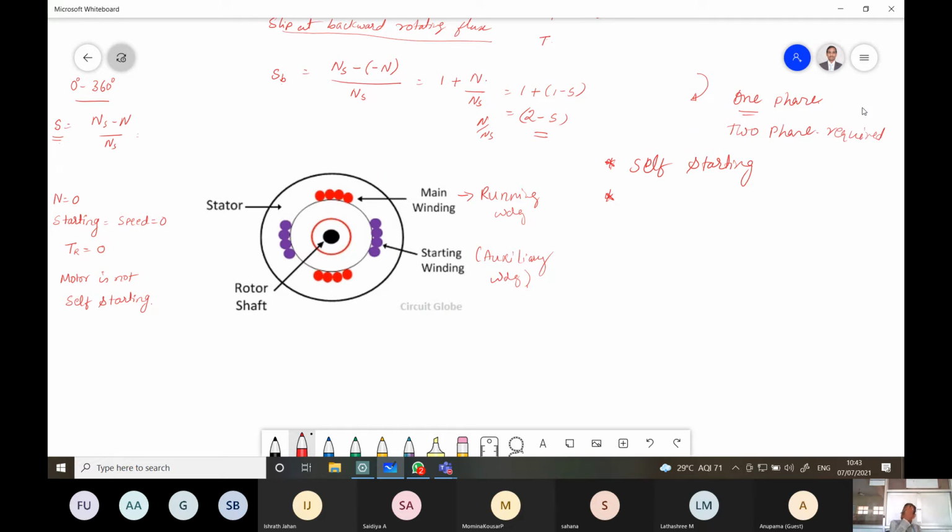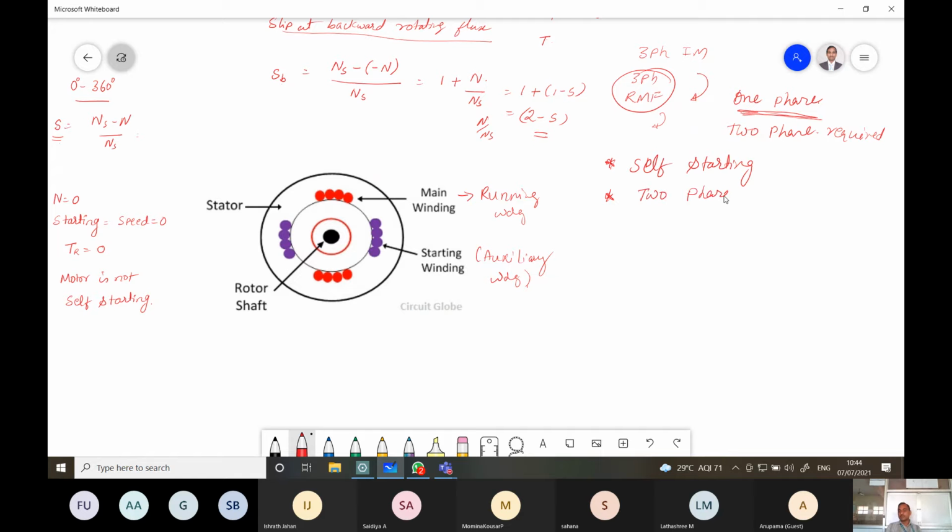for rotation. You already know that in a three-phase induction motor a three-phase rotating magnetic field is present, and because of this the motor rotates. But in a single phase machine, it is not possible to produce a revolving mechanism using one phase of winding. So for that purpose, temporarily we will make it a two-phase winding.